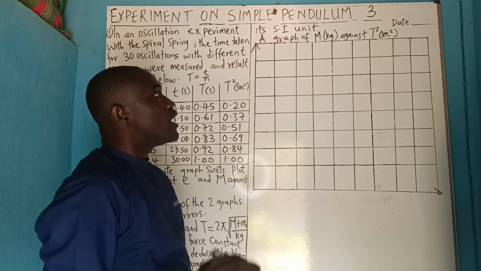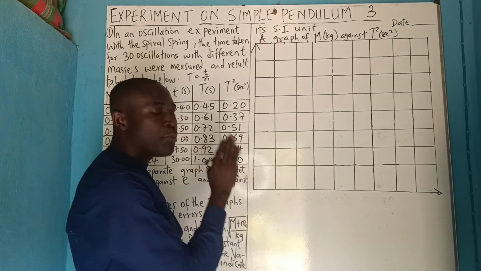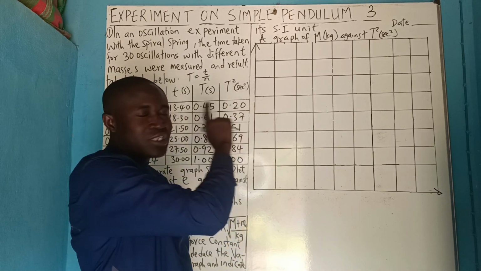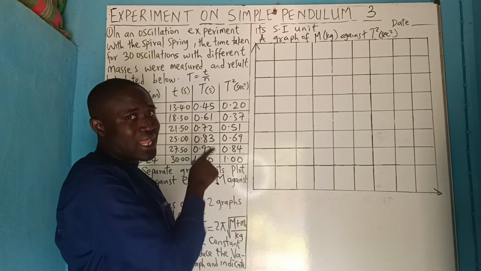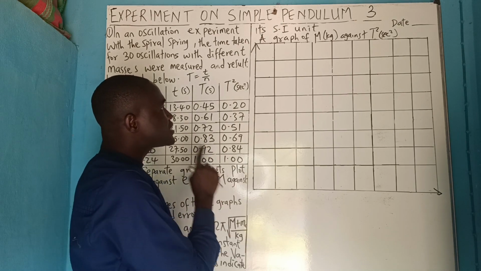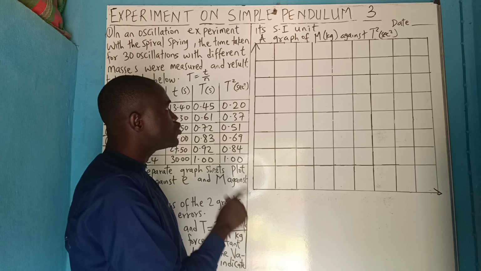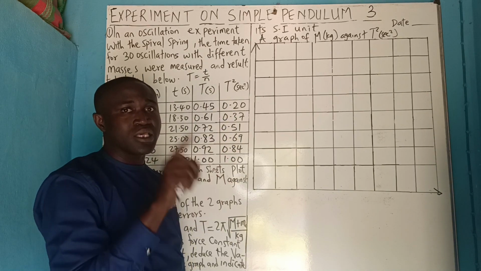Then I want to emphasize this point: whatever graph you plot, include the title, the date, and the scale. This first one I plotted, I didn't indicate the scale, but please indicate the scale on that graph. The scale you choose: the y-axis was 2 cm represents 0.1 kg.